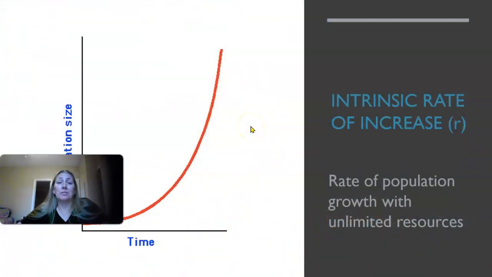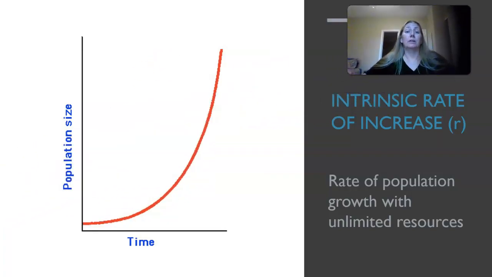Looking at some different graphs that you're going to be seeing throughout Unit 3, in this graph we are looking at the intrinsic rate of increase. The x-axis is showing units of time. The y-axis is showing the size of the population. This is a J-shaped curve. Basically, intrinsic growth or intrinsic rate of increase is what could happen if a population has unlimited resources, just like it says there on the screen.